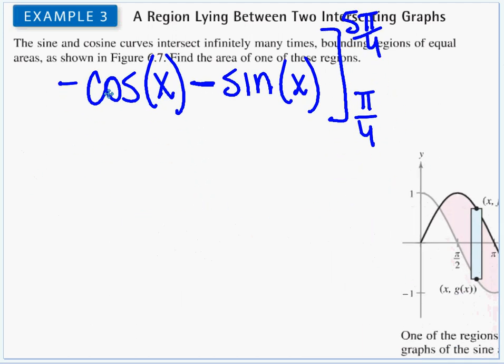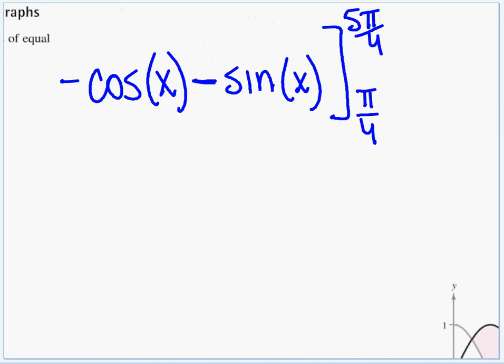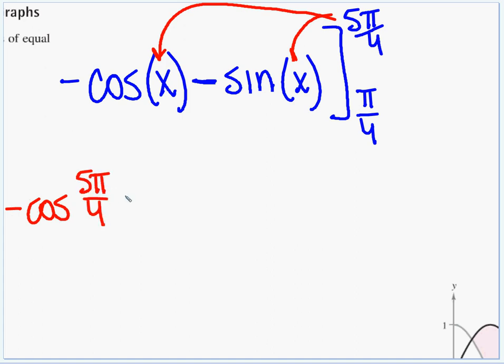Okay. Now be careful, we got negatives here. Fundamental theorem's going to have a negative, so I'll start with color coding, use red here first. So we're going to get these with 5/4 pi's in there. So we're going to have a negative cos of 5/4 pi minus a sine of 5/4 pi.